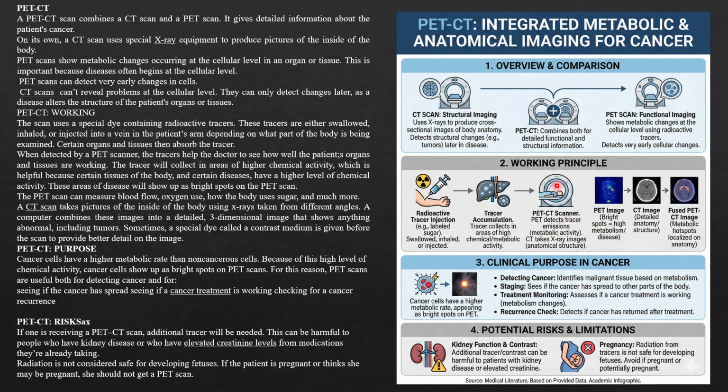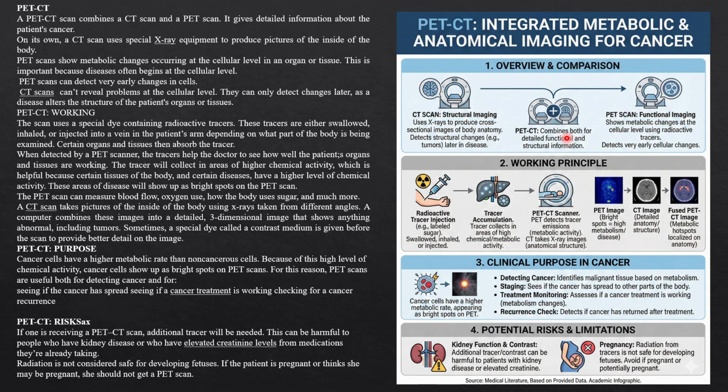Then we have the PET CT scan, which is an integrated metabolic and anatomical imaging for cancer. Basically, the CT scan along with the PET scan forms the PET CT scan, which combines both detailed functional and structural information. Radioactive tracer sugar is swallowed, inhaled, or injected into the patient, and this accumulates in the areas where there is high metabolic activity.